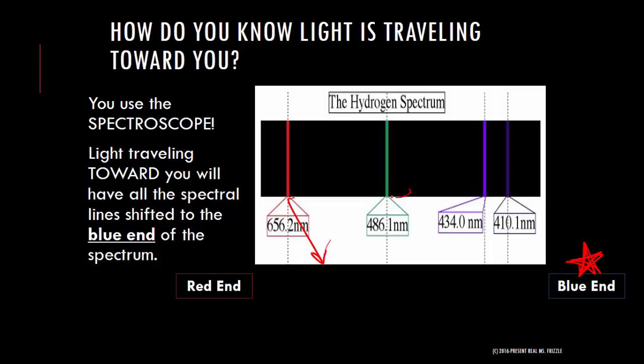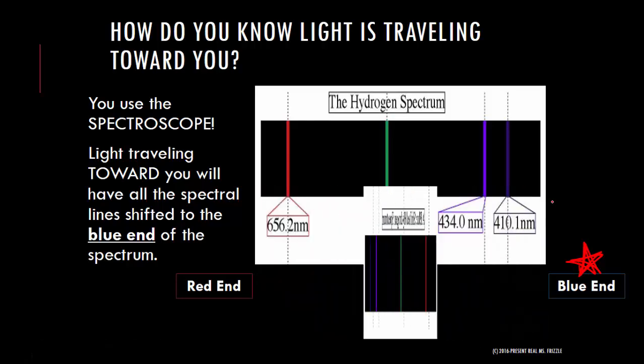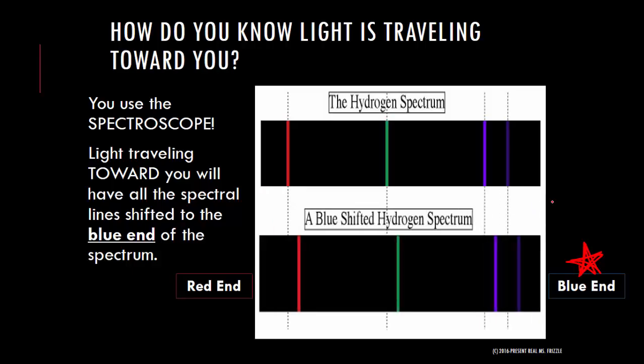It's going to shift. This green is going to shift. The blue and the indigo are going to shift that way. This is what a blue shifted hydrogen spectrum would look like. You can see that they move towards the blue end of the spectrum. Now it's still hydrogen. We're still seeing all of those colors, but they're moved a little towards the blue.